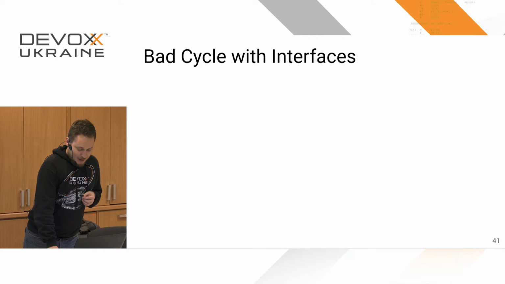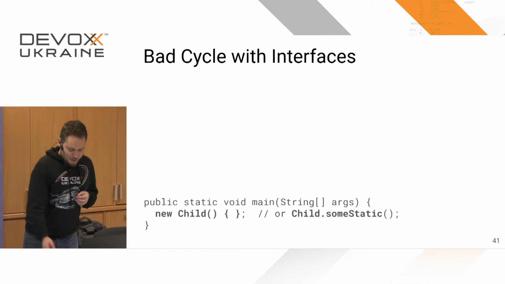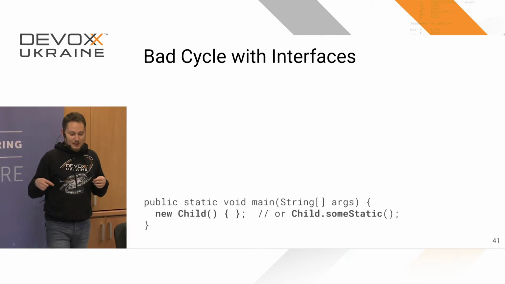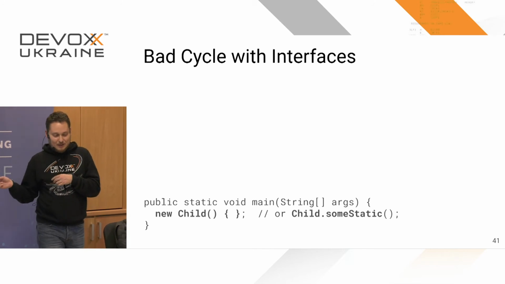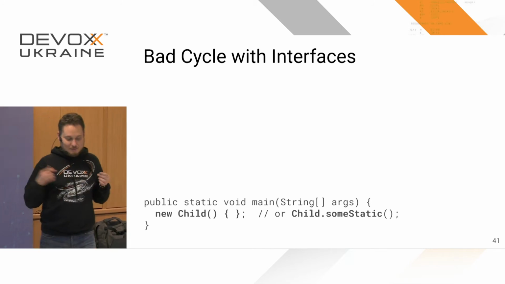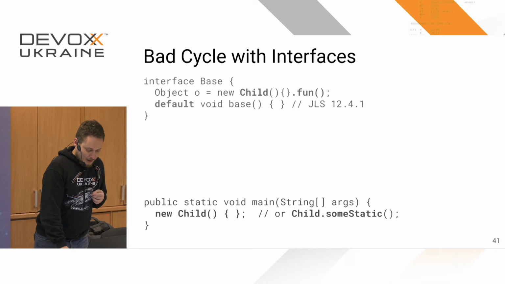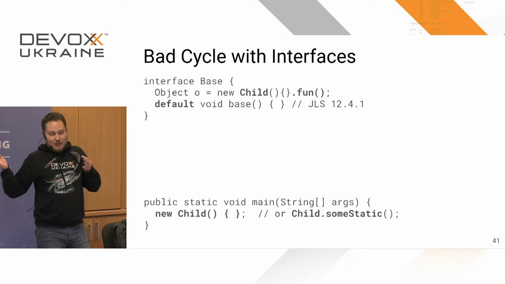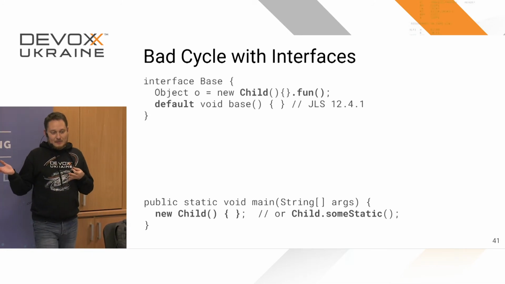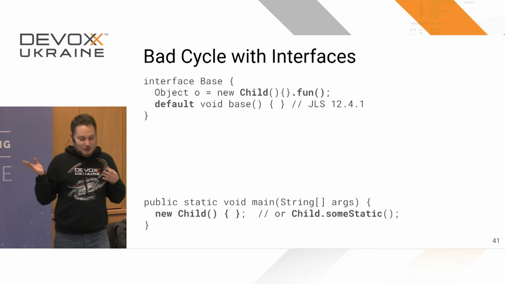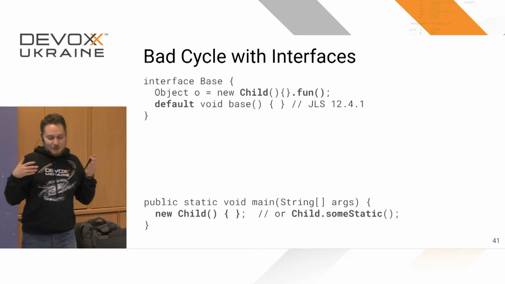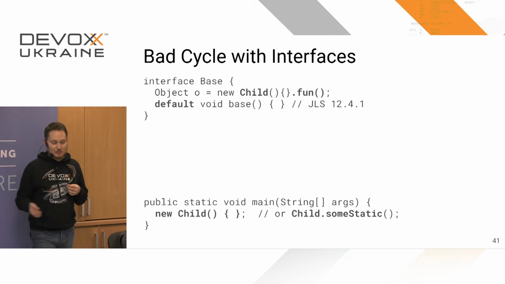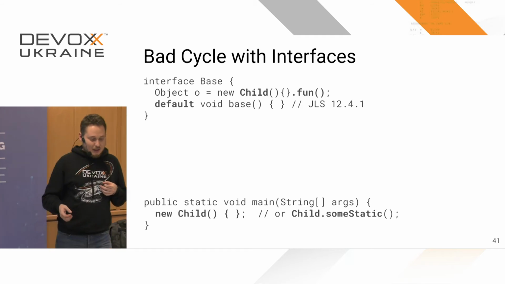So, a bad cycle with interfaces. To trigger initialization, we need to either call static methods or create an instance. Here we are. We are going to have a base interface. In order for initialization to happen, according to what we just read, we need to have a default method in it. Here it is.